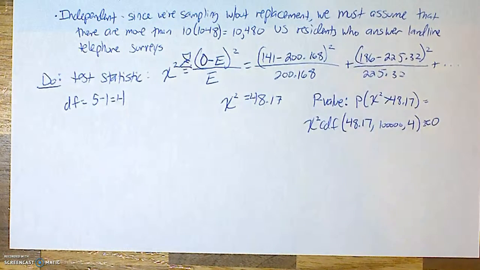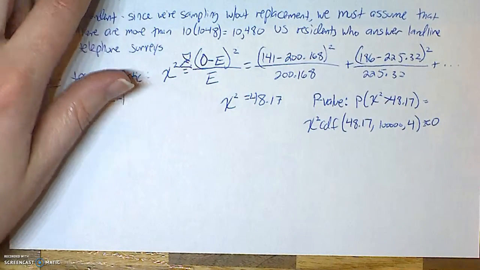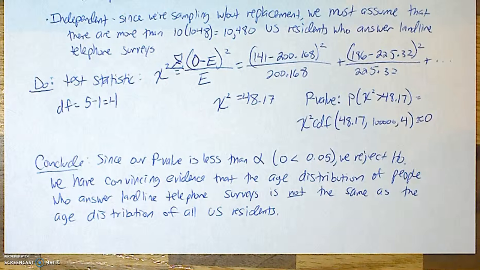So since my p-value is so small, we're going to be rejecting our null hypothesis, which means we have convincing evidence to accept our alternative. Since our p-value is less than our alpha, we reject our null. We have convincing evidence that the age distribution of people who answer landline telephone surveys is not the same as the age distribution of all residents.